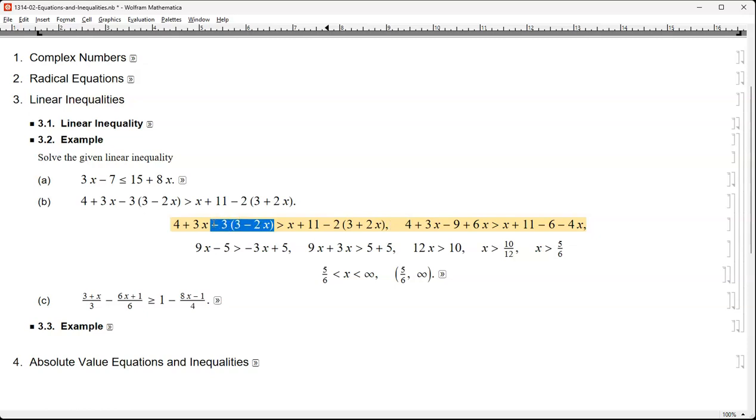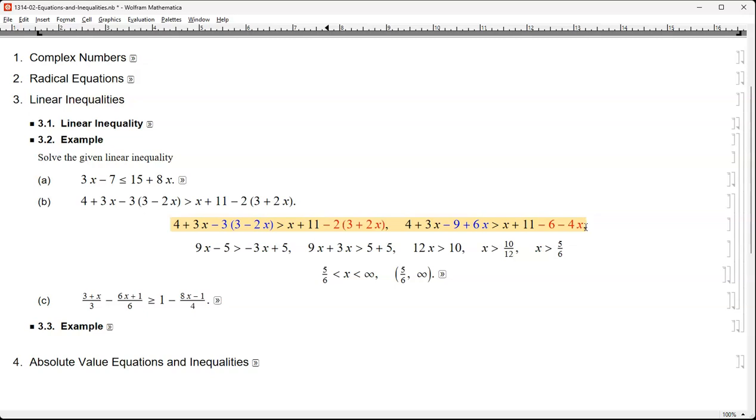This negative 3 and this thing here, which I just highlighted in blue, becomes negative 9 plus 6x. Do you see that? Negative 3 is distributed over, so we have sign change for both. And this one here, which I highlighted in red, became this. See that? Negative 2 times 3, negative 2 times negative 2x, so got that.